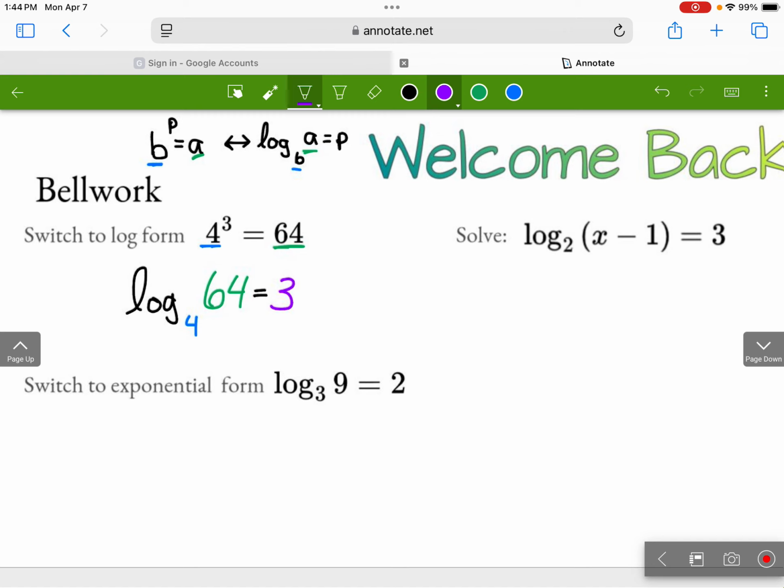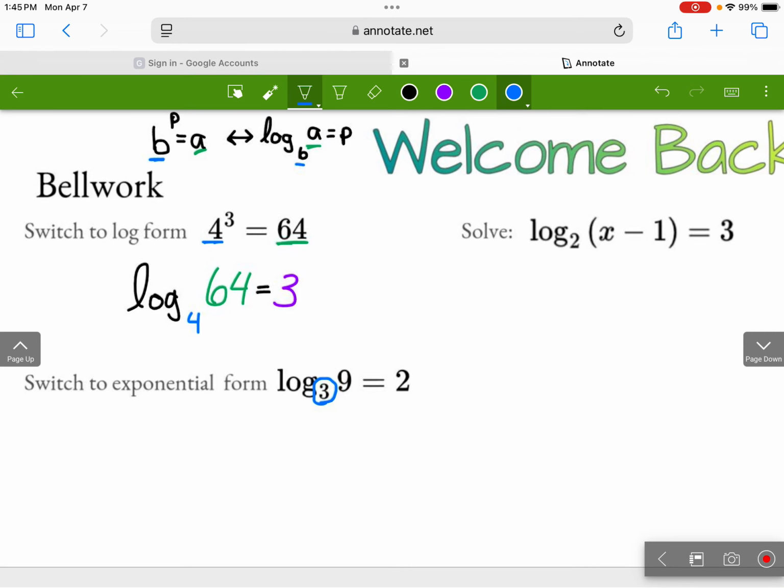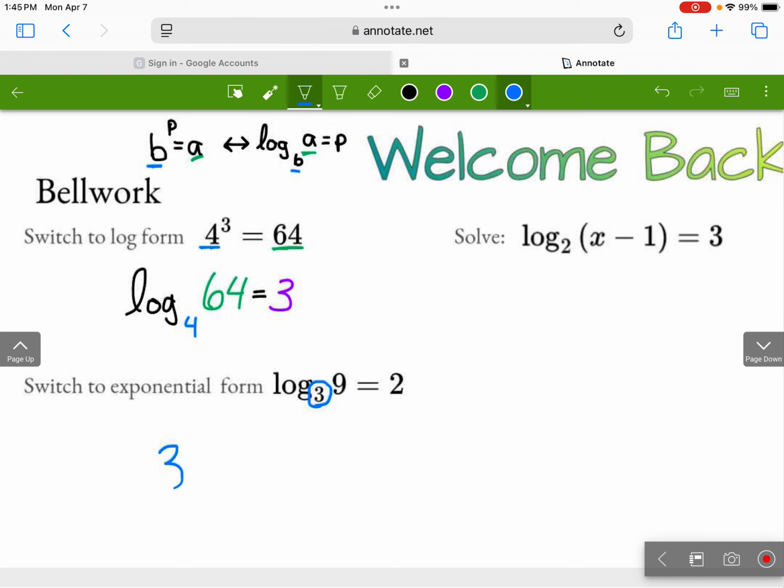So the bottom one just below it is going the other direction. We now have a logarithmic form and we want to switch it back to exponential. What's our base? 3. It's this little guy down here. That's our base. What's our power? 2. This guy. And it's going to equal 9.